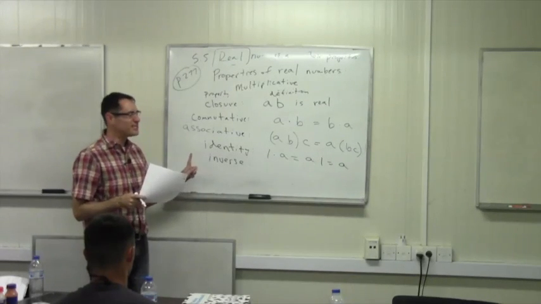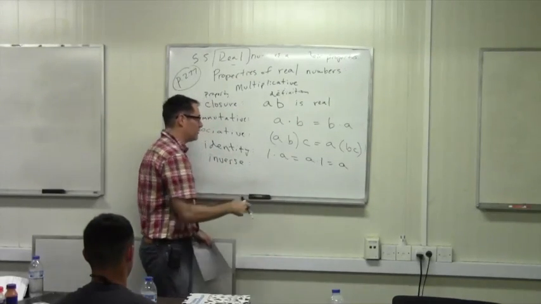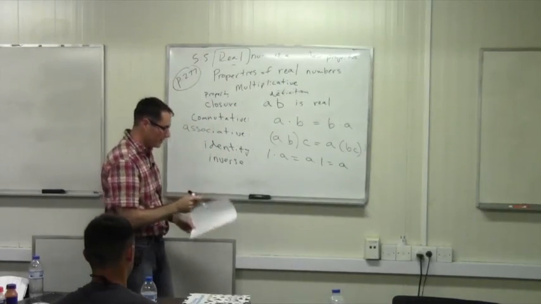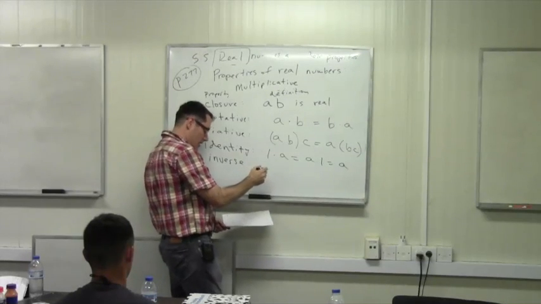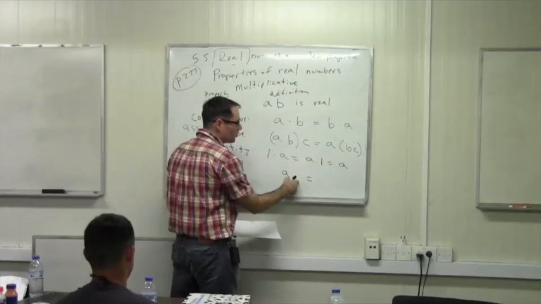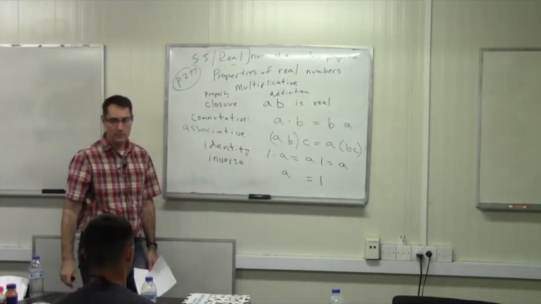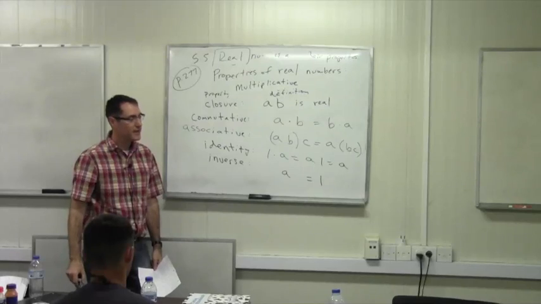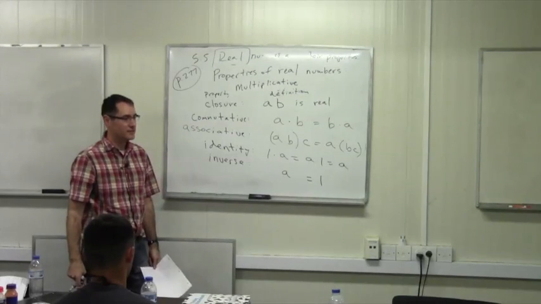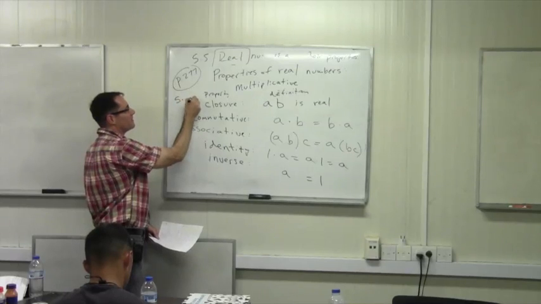The inverse property. OK, the inverse property is slightly different in the sense that there's one little caveat with the inverse property. A times what will give you the identity? 5 times something gives you 1.